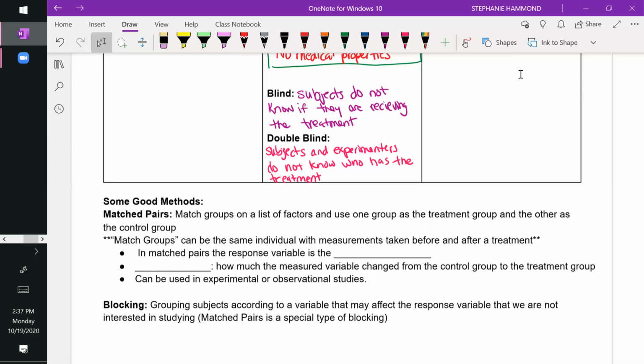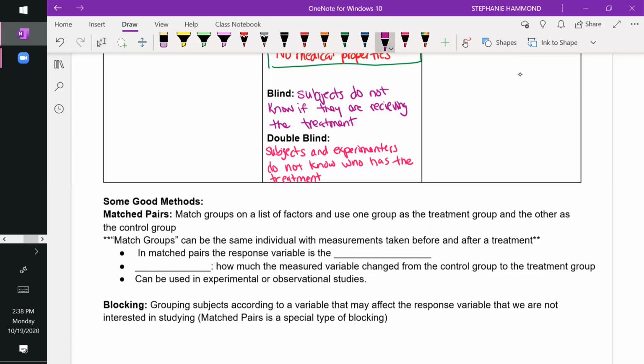Then that person is the control group because they were measured without the diet program, and they are also part of the experiment group because they were measured after they took the diet supplement. So those are the two ways we can do matched groups. We can try to match people to their equivalents, or we can use people in both the control group and the treatment group. We just do their measurements before and after.